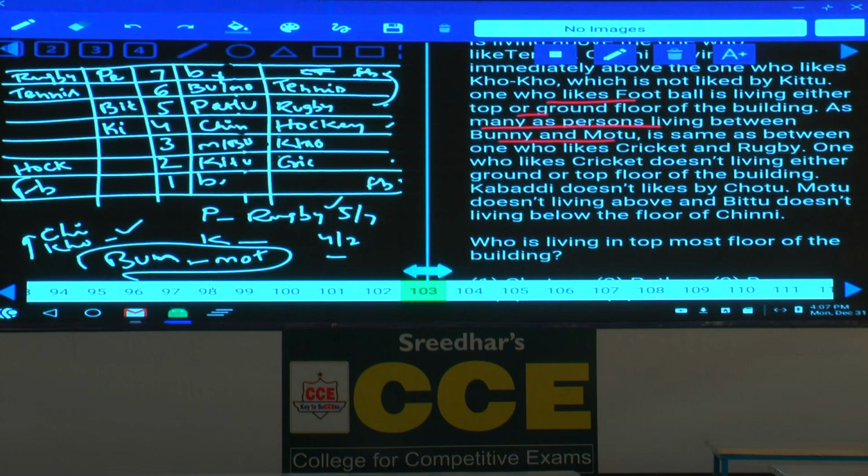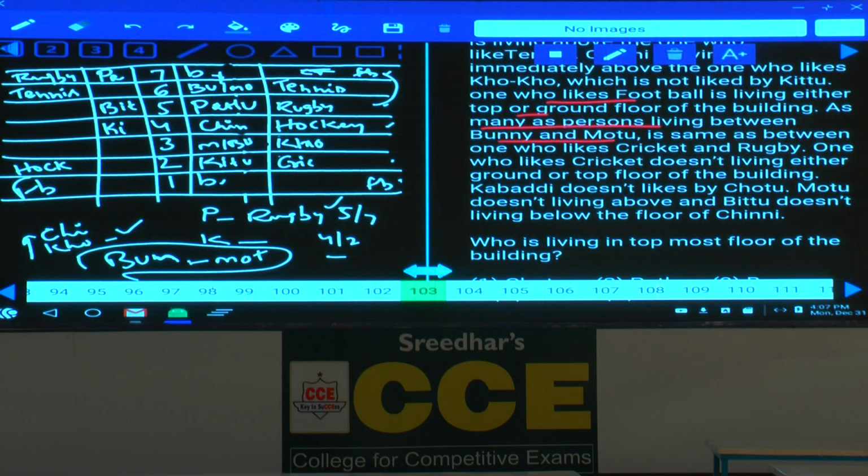Then, one who likes cricket does not live on either the ground or the top, and Kabaddi is not liked by Chotu. As Chotu does not like Kabaddi, and Motu does not live above Chinni, and Bittu does not live below Chinni. Hence Chinni is fixed here, and where must Bittu be?